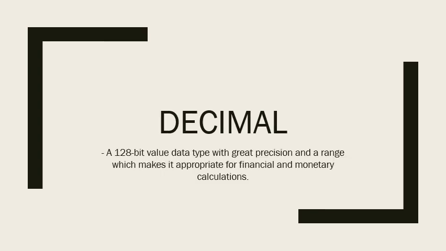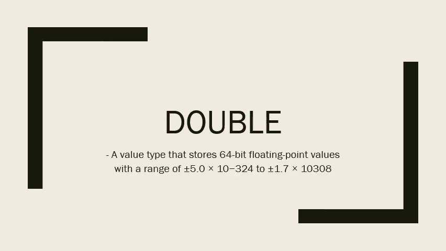Decimal, a 128-bit value data type with great precision and a range which makes it appropriate for financial and monetary calculations. Double, a value type that stores 64-bit floating point values.